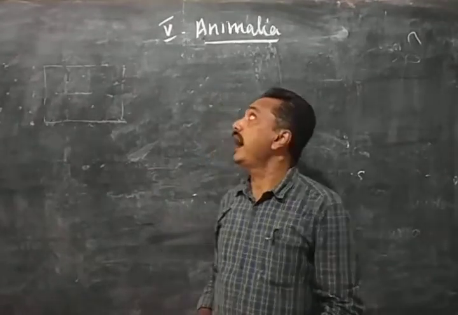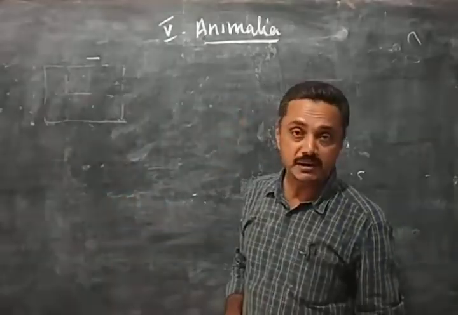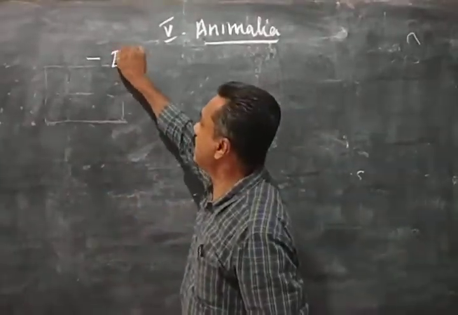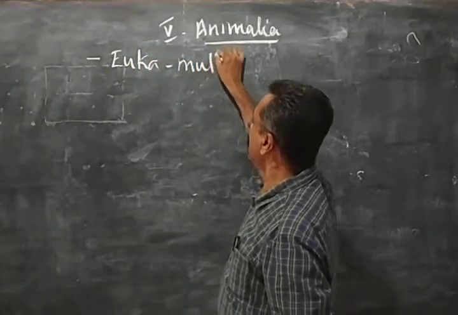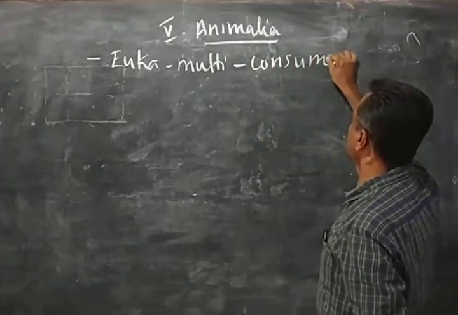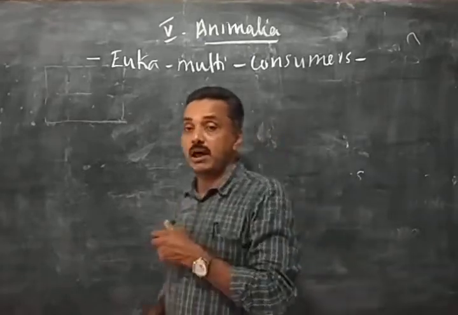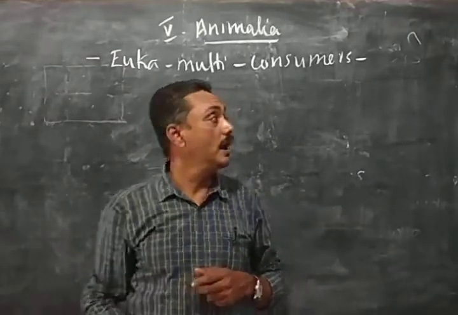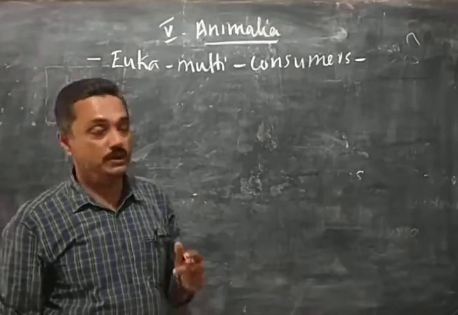All animals come under the animal kingdom, and it includes eukaryotic, multicellular consumers.